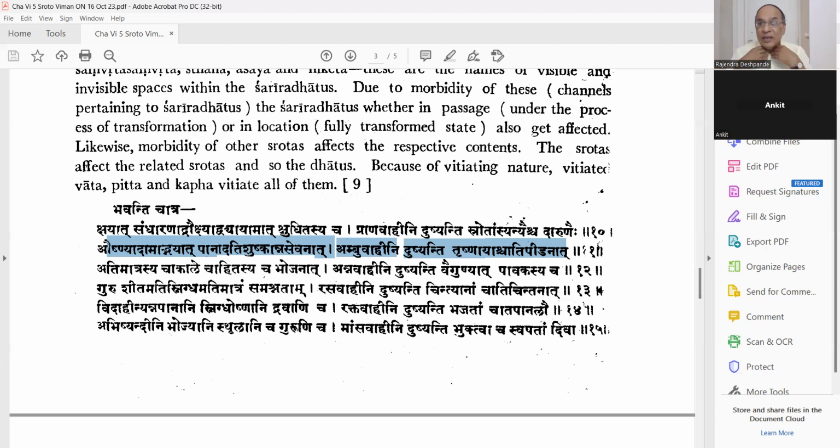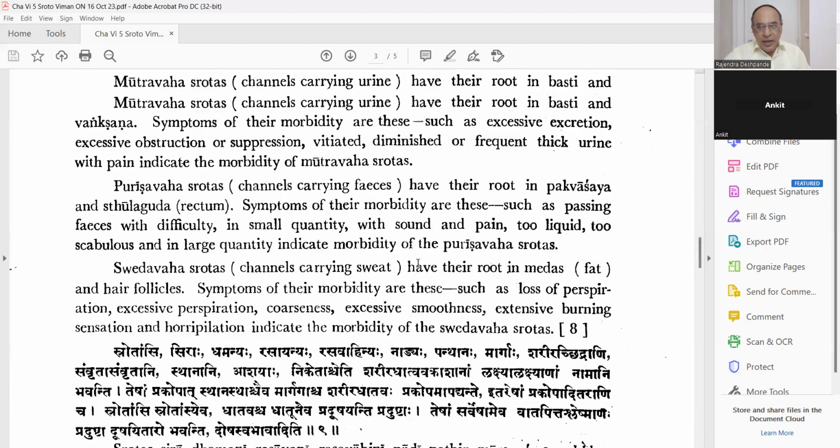I am not fulfilling my desire of water drinking, my desire of thirst. That is vega dharana. That is also bad. If I am not getting water or I am not drinking the water, even if I am thirsty, that is also trushna pidana. So these are all the causes of Udakvahasrotas dushti hetu.